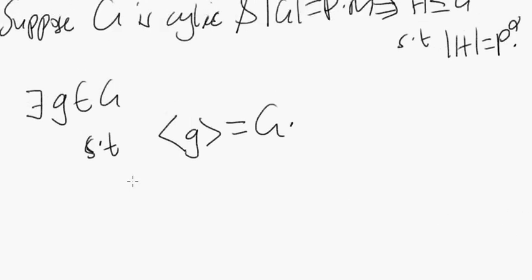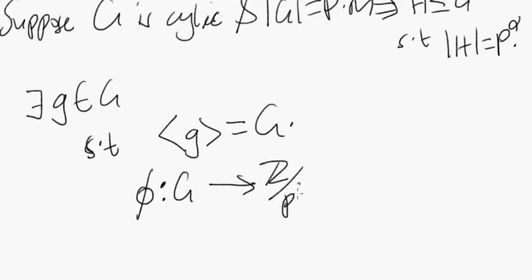So, in particular, suppose we define the function phi from G to Z mod p to the alpha times m. This is not p squared, it's p to the alpha.